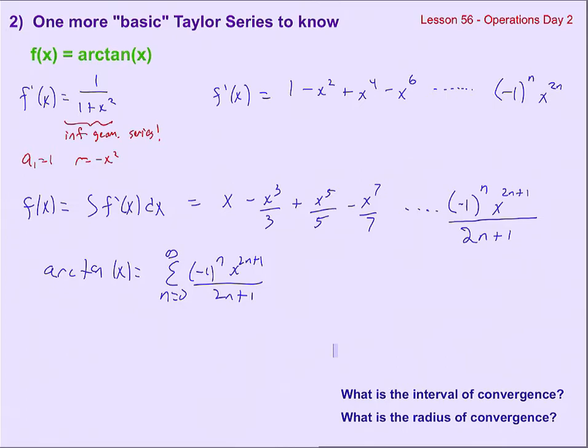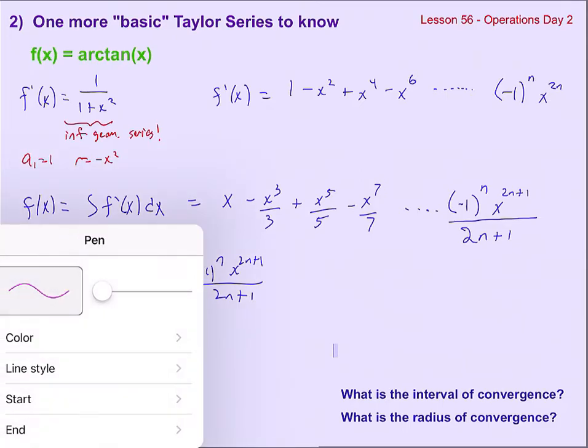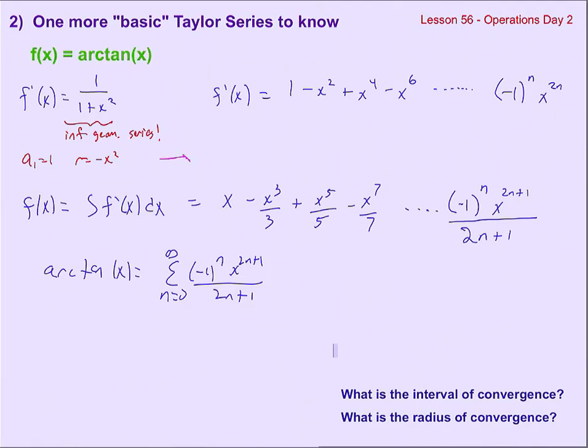There is a catch to this one. We do have to be careful about this. We kind of skipped this in the last example. But remember, whenever we do a geometric series, that a1 over 1 minus r, that's only true if the absolute value of r is less than 1. So all of this is only true when our original r of x squared is less than 1.